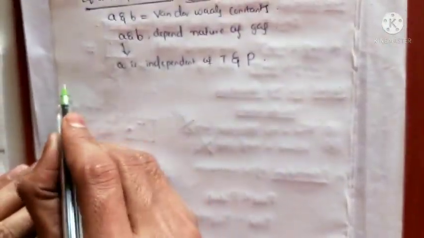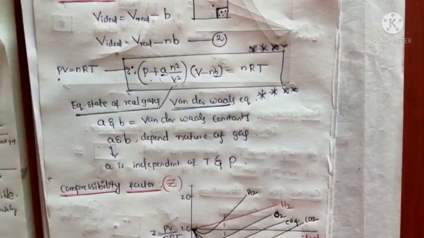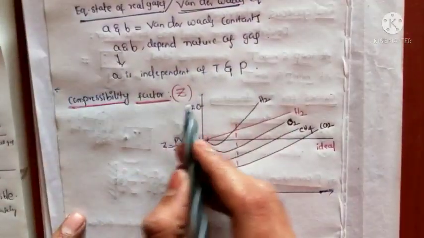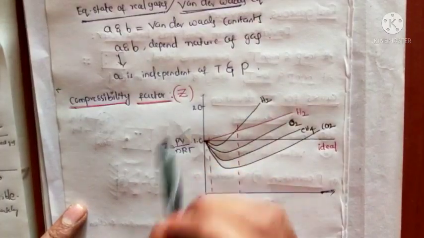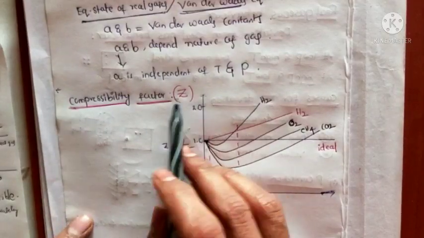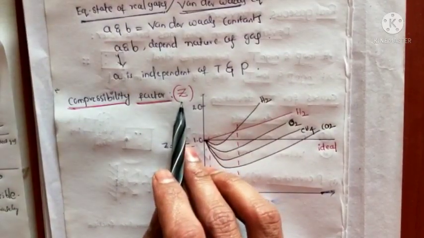Now the last topic in the gas state is the compressibility factor, represented by Z. The deviation of real gases from ideal gas behavior can be measured by the compressibility factor.